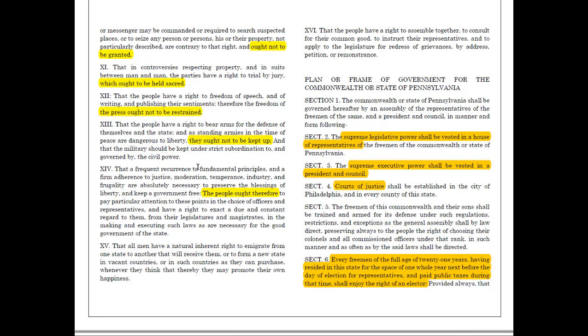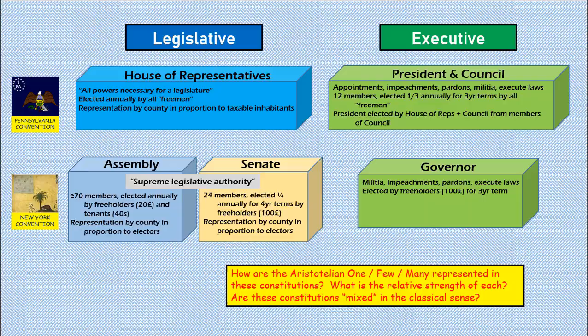So let's return now to our illustration. If we step back then and put all the pieces together visually, we can ask the question, how far have these constitutions moved from the Aristotelian model of one, few, and many?